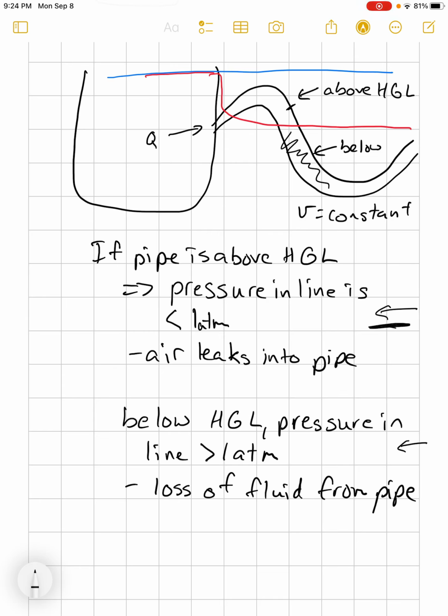This is the case you see more often, because a lot of things like water or oil will end up being underground. That can be a problem because if it's underground, then you're probably going to be below that hydraulic grade line. And with gas, you definitely don't want air getting into gasoline, because it's highly combustible.